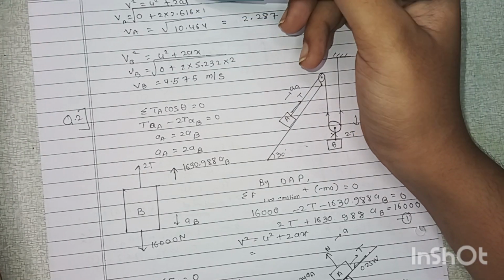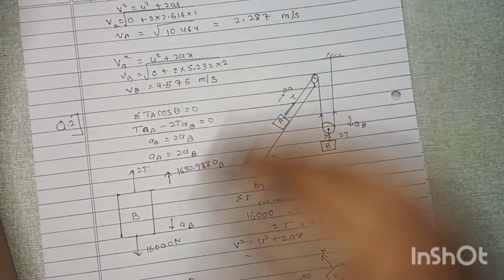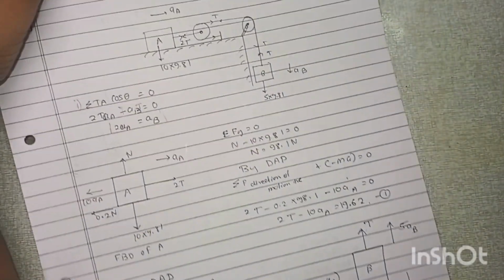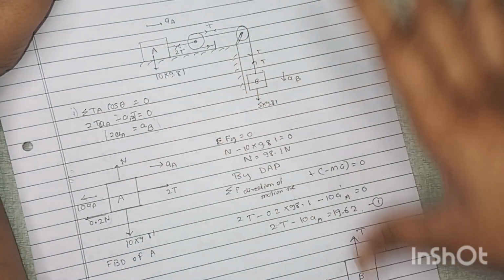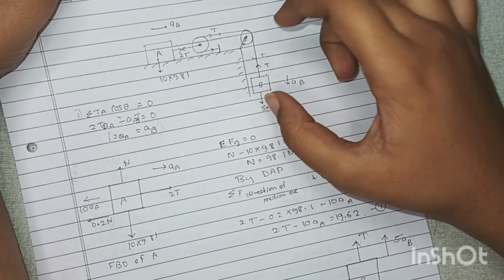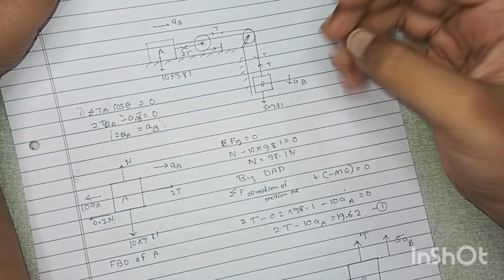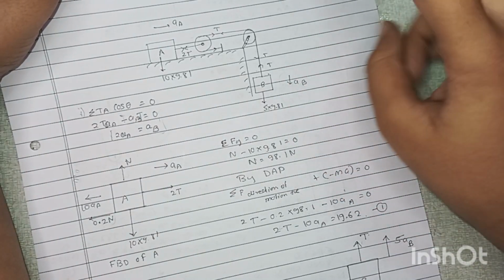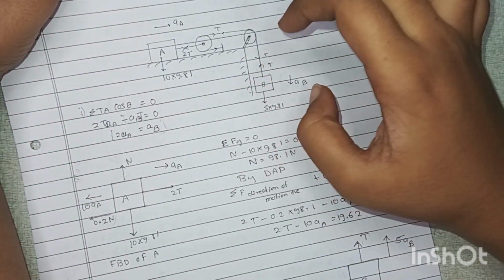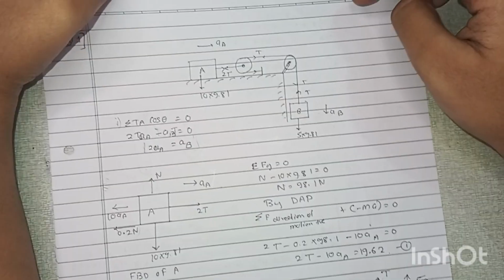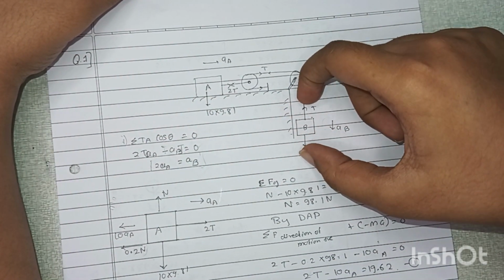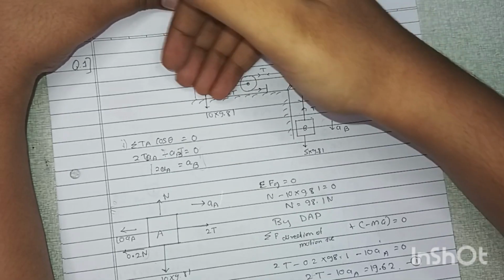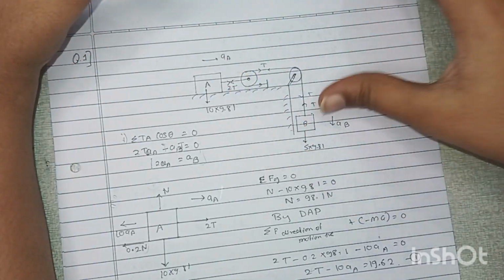And for the displacement, in the question it is given that the block B is moving and displaced 2 meters. So we have been given the displacement of block B but not the displacement of A. So just suppose this is block B, if we displace it 2 meters, it will displace half for A because the tension is over here.